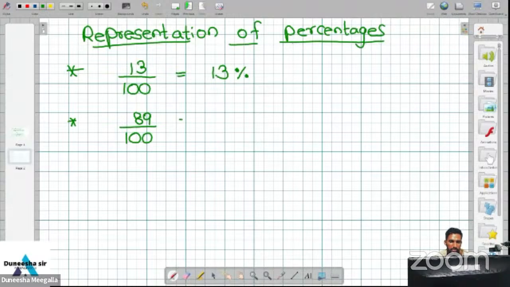We write it as the fraction 89 over 100, then 89%. Okay, percentage. Then I am taking another one, 19. How do we read this? 19%.